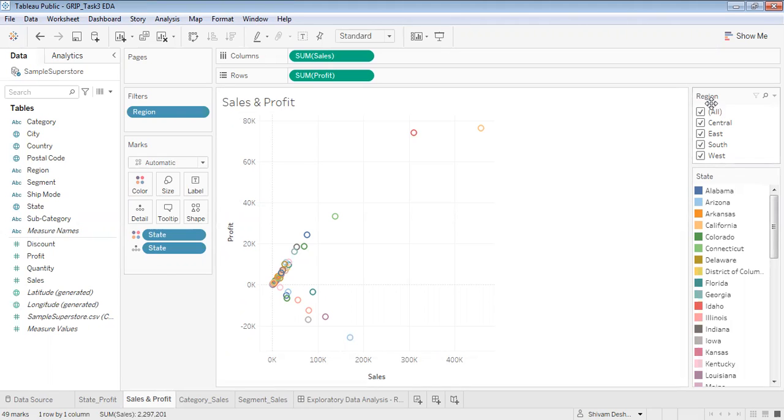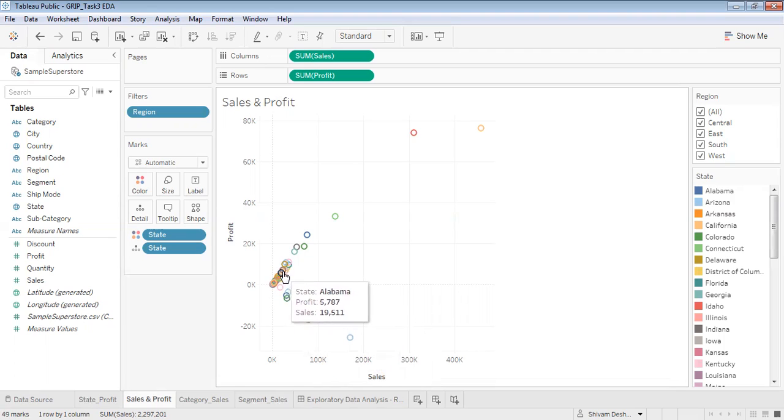Now you can see here that again New York and California are performing very well. Their sales are higher and their profit is also very large. States like Texas, Pennsylvania, Ohio, their profit is in negative numbers, and their sales are still higher. So we have to look at this problem. We have to reduce the sales here, or we have to increase the profit here.